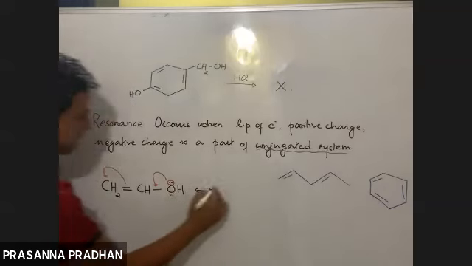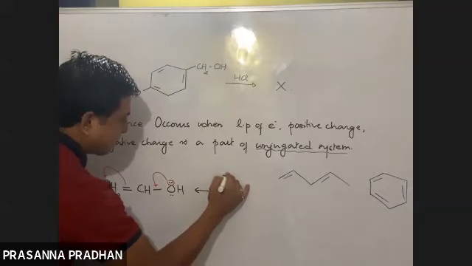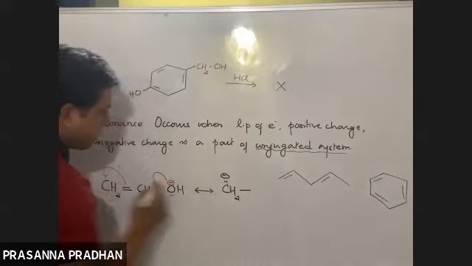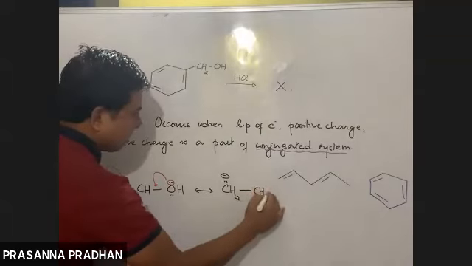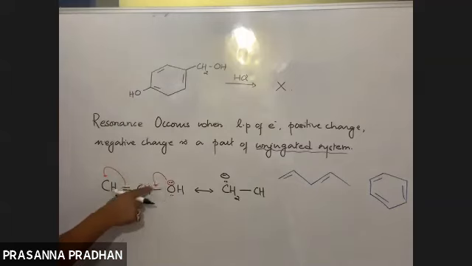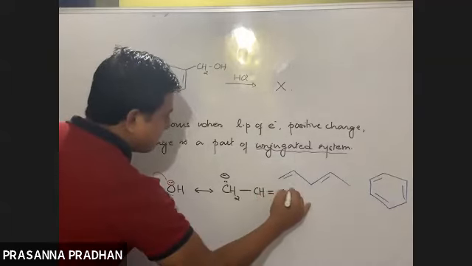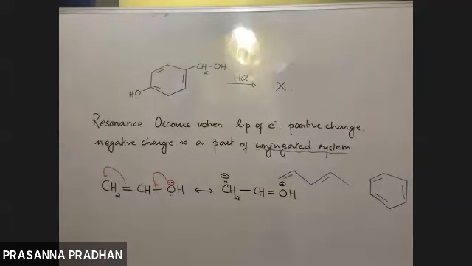We have CH2, and this carbon, since 2 extra electrons have come, will acquire a negative charge. Earlier it was a double bond, now it becomes a single bond, so we have CH here. Since these 2 electrons have come here, a double bond will be formed, and electrons are moving away from oxygen, so it will acquire a positive charge. So this is the resulting structure.